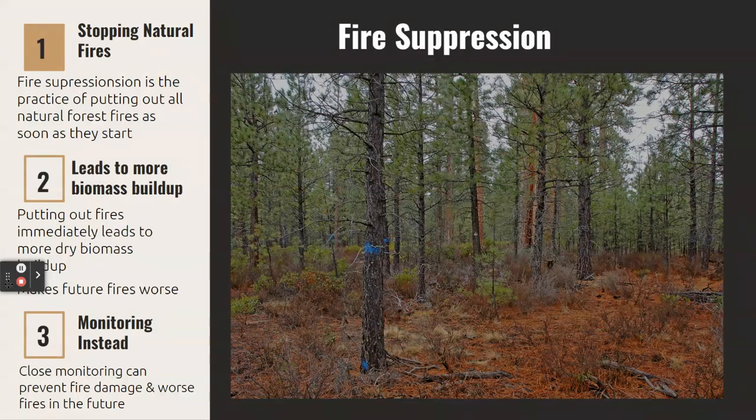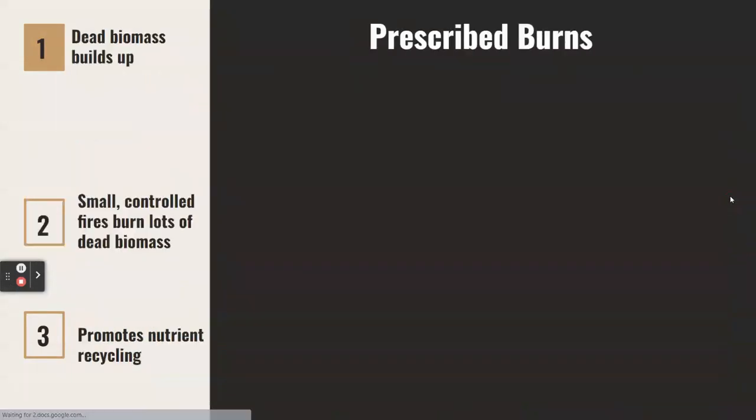But letting these really vast areas where there's not a huge risk to humans burn really helps to decrease that amount of biomass in the forest. However, this is already a problem we've kind of started here, because we have been suppressing fires so long.